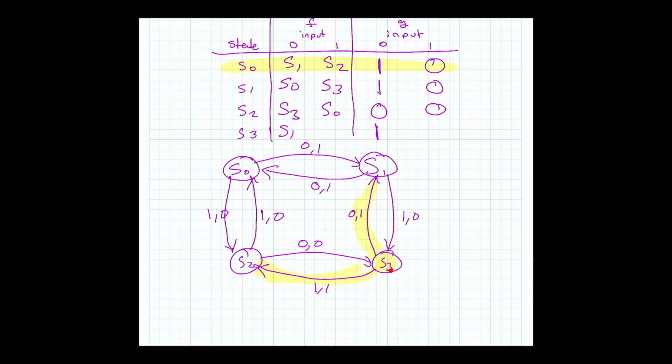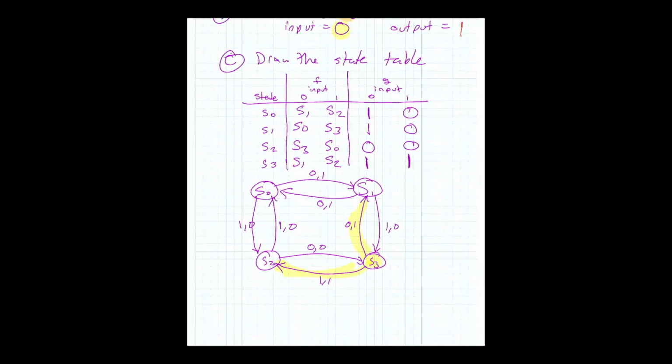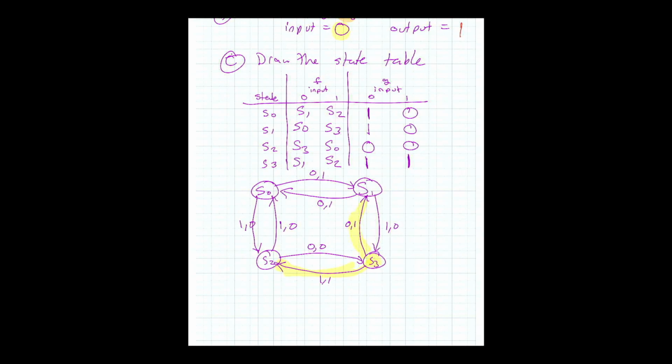Then here we got S3 to S2. So that's S2. And input 1, output 1. So that's column 1, or second column, and we put a 1. All right. So that's how you do that. And that's our table.